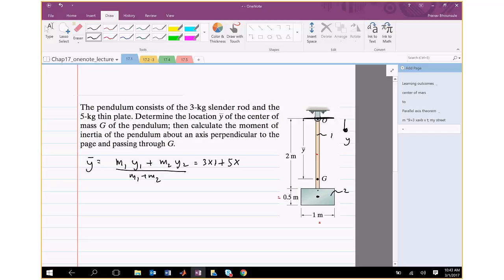It's half of 0.5, so it's going to be 2 plus 0.25, divided by the total mass of the pendulum, which is mass 1 plus mass 2. That's going to be 3 plus 5. So it turns out that y prime is 1.78 meters.